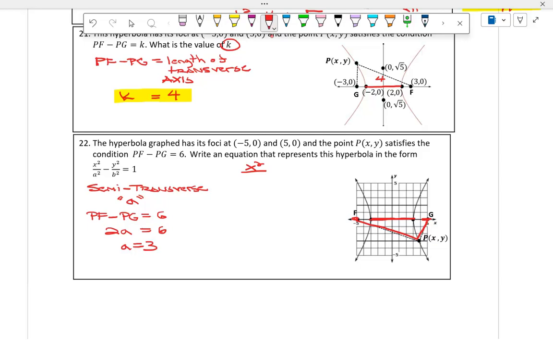A is under the x. So this is going to be 3 squared. Okay, now I'm going to get the semi-conjugate. That's the other axis. And that's B.